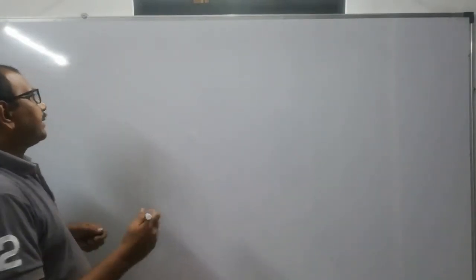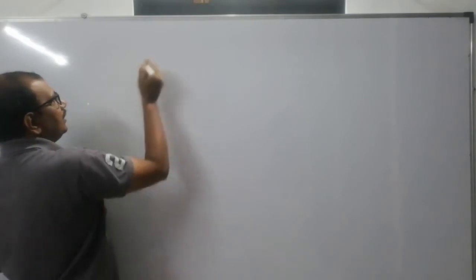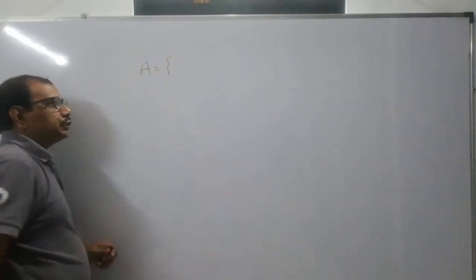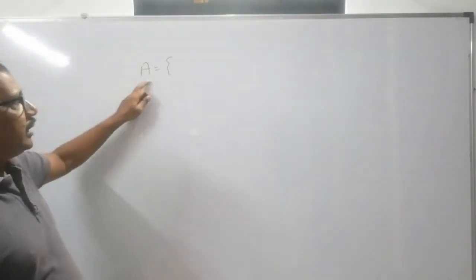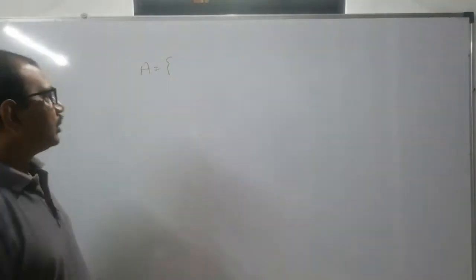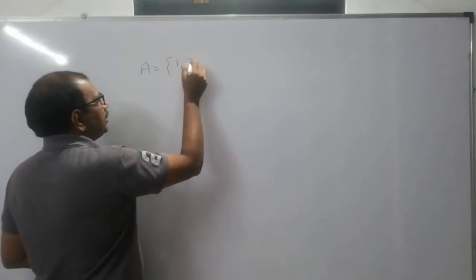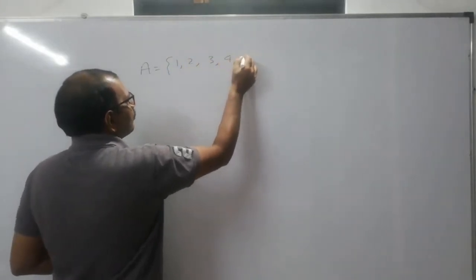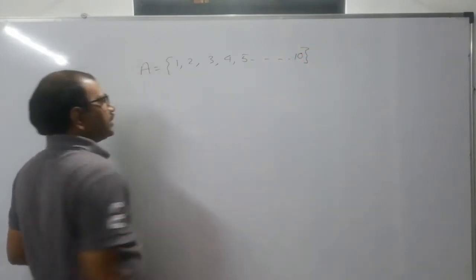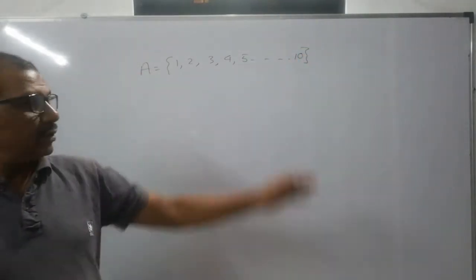Suppose if I say that A is a set of all natural numbers less than 11. A क्या है? It is a set of all numbers, natural numbers less than 11. So I'll be taking it as 1, 2, 3, 4, 5, till 10. Remember I said less than 11. So we have to take 10.